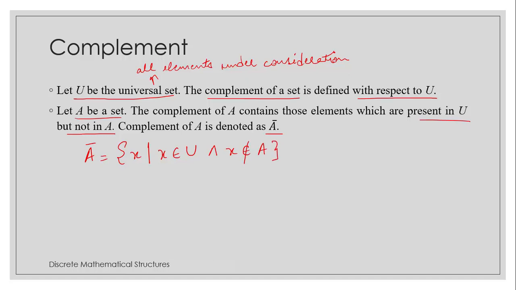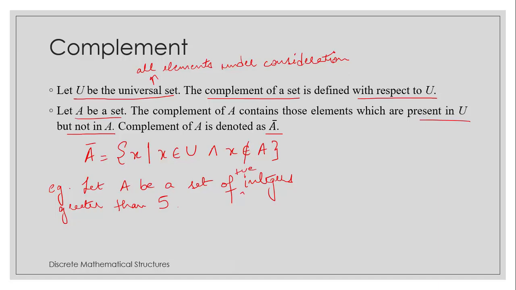Now for example, let A be a set of, let's say, positive integers greater than 5. Find A bar. Now here we are talking about set of positive integers.